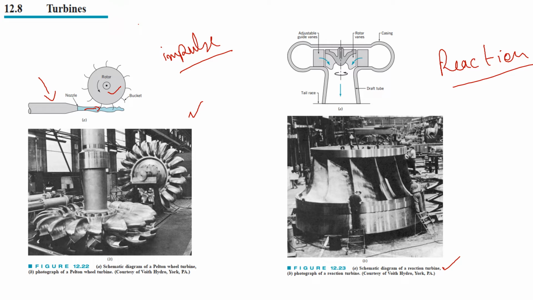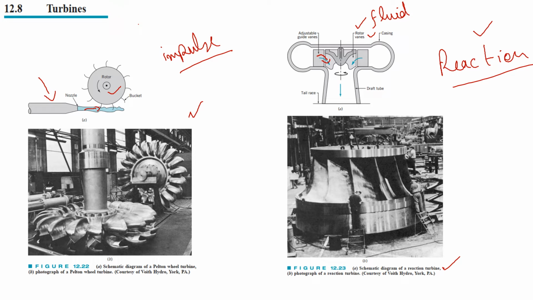In the case of the reaction turbine, the rotor is immersed in the fluid, but the geometry of the rotor is such that the fluid passes through the guide vanes into the rotor vanes, and the pressure drop occurs inside the rotor vanes.